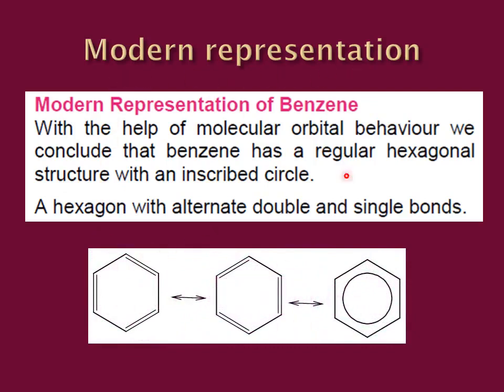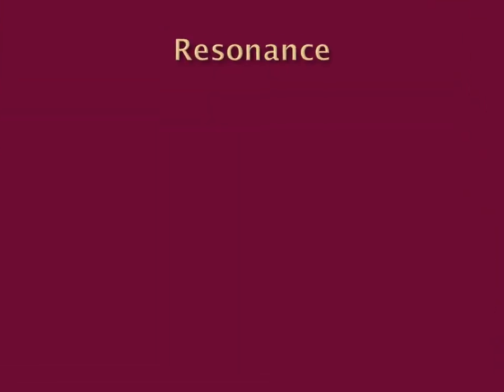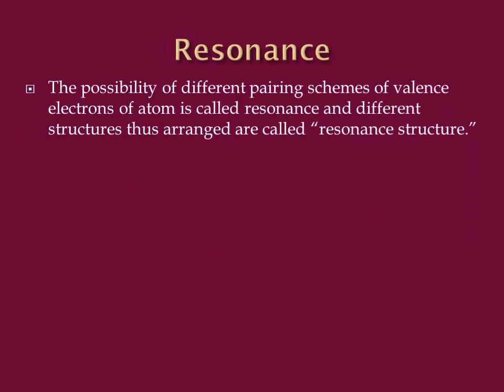Now students, let us try to understand what resonance is. The possibility of different pairing schemes of valence electrons of an atom is called resonance, and the different structures thus arranged are called resonance structures. Now let us look at the resonance structures of benzene. These are the 2 structures that were proposed by the scientist Kekulé, and these are the 3 structures that were described by Dewar.